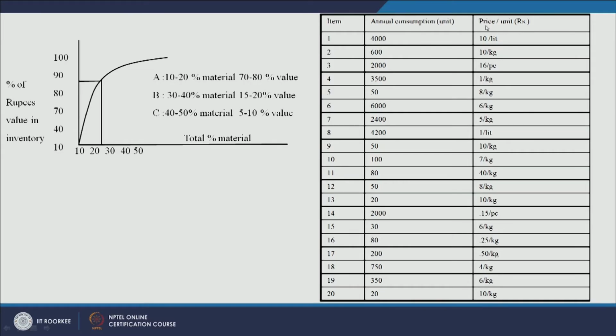Their prices are also given. So, this is 10 rupees per liter. So, its total value would be what? It is 40,000. Similarly, if you look at this item, you need only 20 units and the price is 10 rupees per kg. So, it would be 200 rupees.